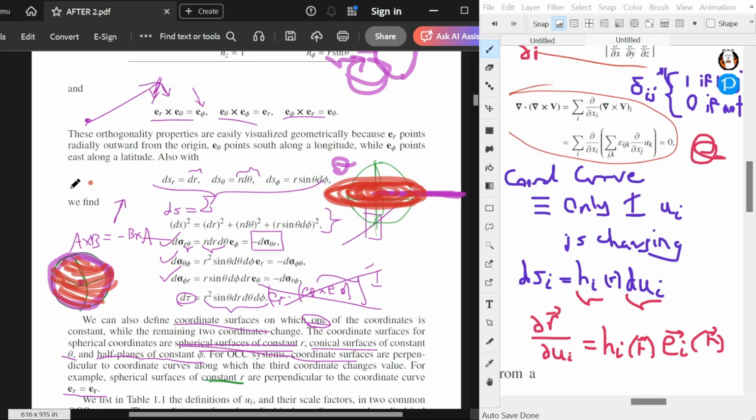Okay, next is constant phi. Let's start off with radius. We have a point here. We can decrease the radius, and we can increase the radius outwards like this.